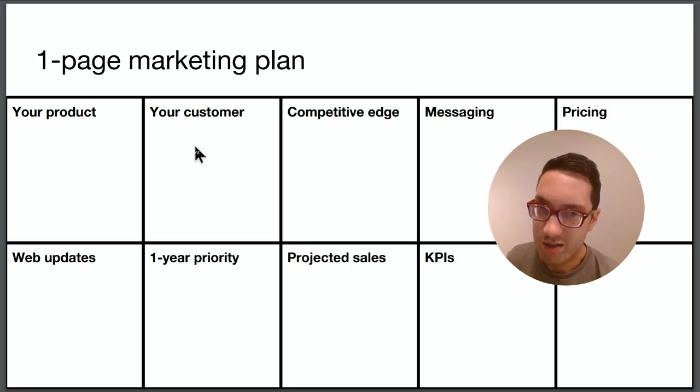Next one, your customer. Most people do not think enough about their customer. They don't think about who their customer is, what their customer means to them, why their customer should buy from them, what their customer's interests are, their demographics, and why they buy from competitors.